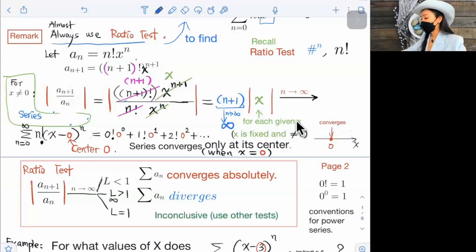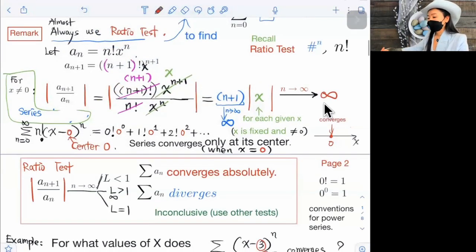Remember, for each given x, this is fixed. So when you times infinity, what does this go to? Infinity. So the ratio test says that if the limit of the absolute value of this ratio goes to infinity, what can we say about the series?